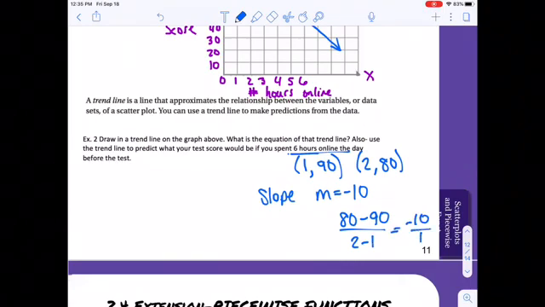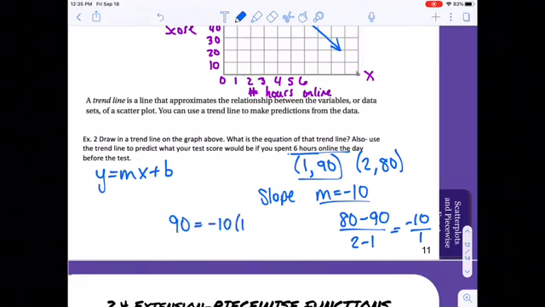Either way. Now, since we are going to write the equation of the trend line in slope-intercept form, we can go ahead and plug in either one of these points plus our slope. So I'm going to have 90 equals -10 times 1 plus b, and solve for b.